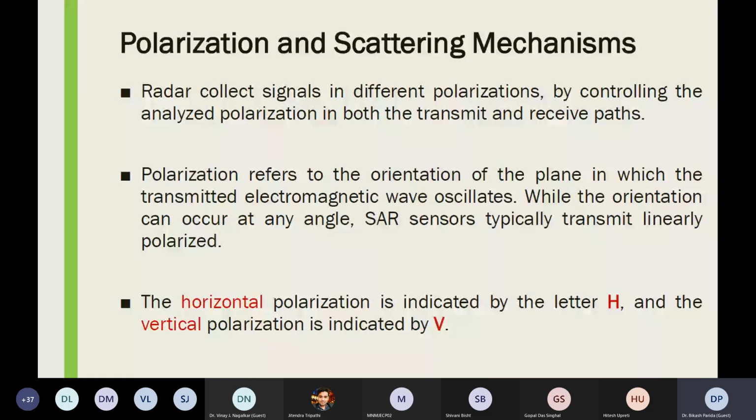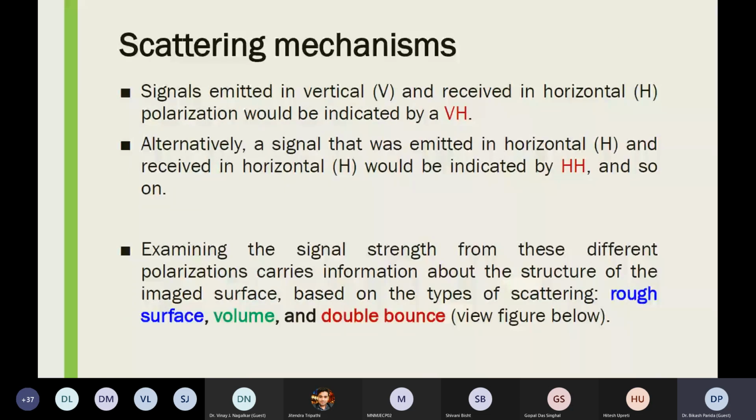We'll try to understand it in a better way. If you see the scattering mechanisms of SAR, the signal is emitted, it could be vertically as well as horizontally. If it is emitted vertically and received horizontally, that means the backscatter energy is captured in terms of horizontal polarization. That is indicated as VH.